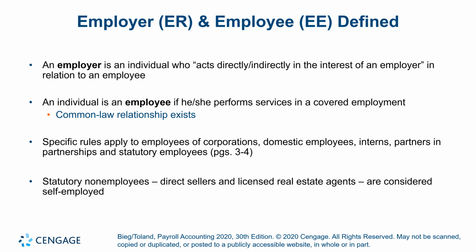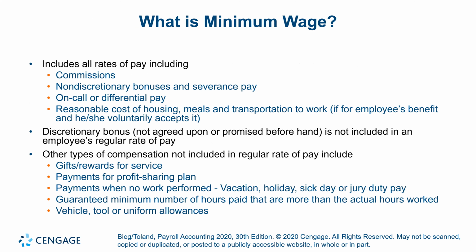And so employees pay 6.2% and then employers match 6.2%, right? And so 12.4% gets paid in. When the individual is self-employed, they have to pay in the entire 12.4%, right? They don't have an employer matching that amount. So we talk about that more in chapter 3 when we start getting practice calculating the taxes.